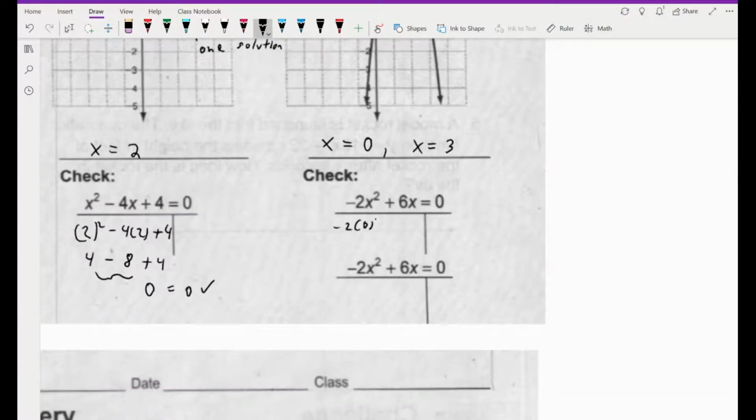Minus 2 times 0 squared plus 6 times 0. If we do the math, we get 0 plus 0. Now let's plug in 3. Here we will get minus 18 plus 18, which equals 0. So both solutions check. Now let's look at the other side of the page.